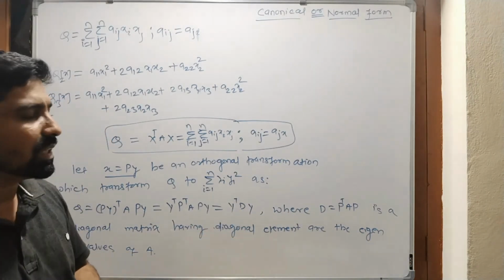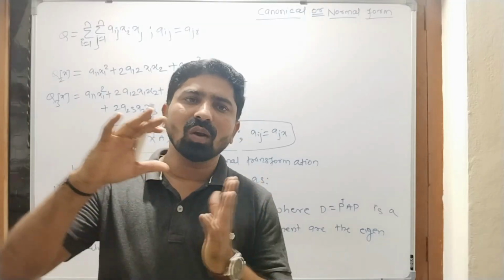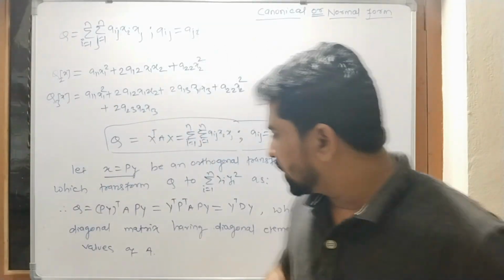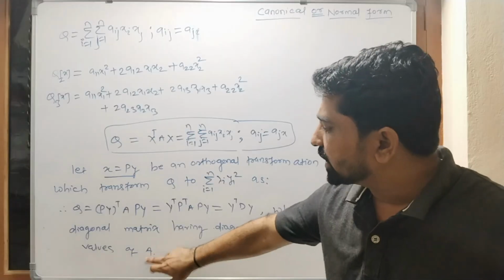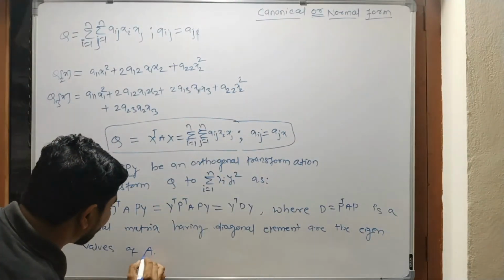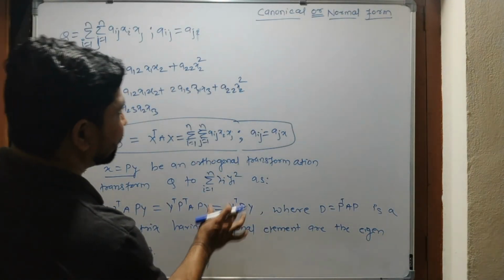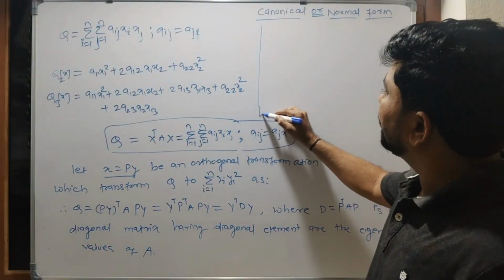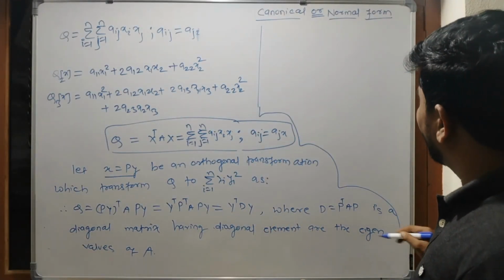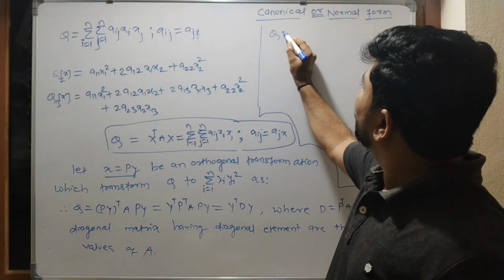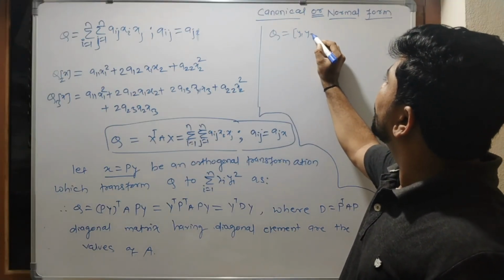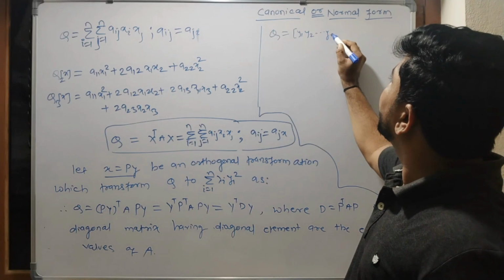What is meant by a diagonal matrix? A matrix in which all the non-diagonal entries are 0 is a diagonal matrix, and the diagonal entries are the eigenvalues of this matrix A. So here I will write the same thing over here. So Q equal to y1 y2 up to yn.